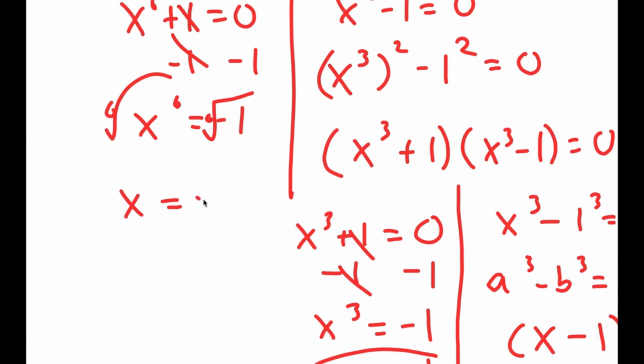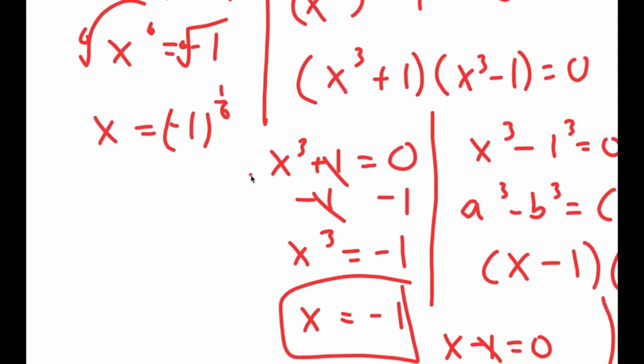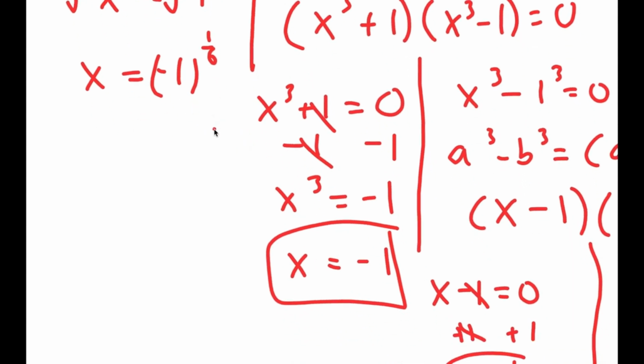which is equal to negative 1 to the power of 1 over 6. So now, the 6th root of negative 1, we know that i is equal to the square root of negative 1, which is equal to negative 1 to the power of 1/2.